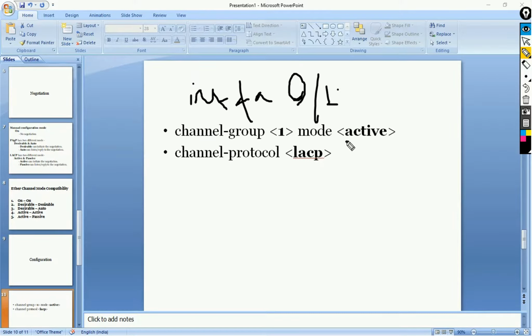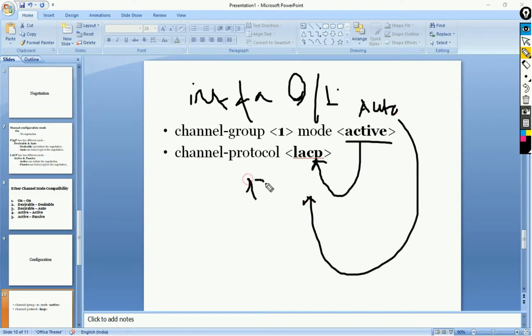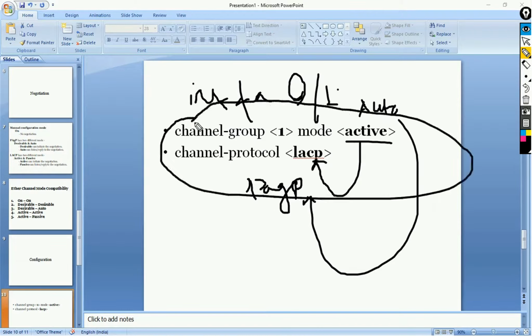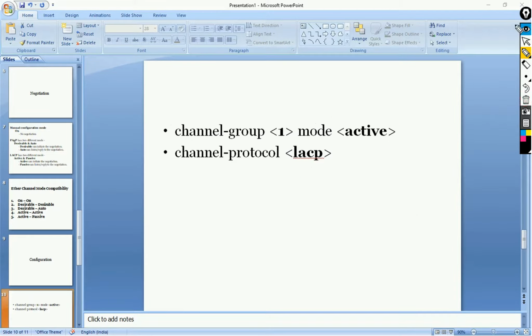If you give mode as active, then obviously you have to use LACP, and if you give, suppose, auto, you have to use PAgP. I have just used this example to make you understand. Okay, so this is how you configure. We will be learning the configuration in the lab portion, so there's nothing to worry about.